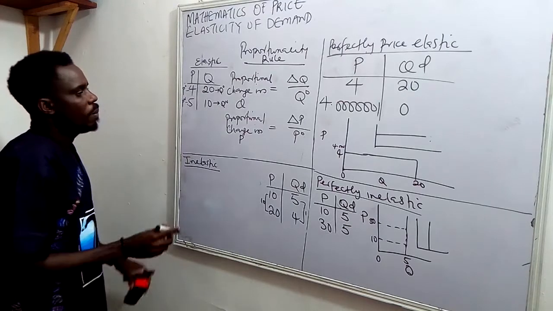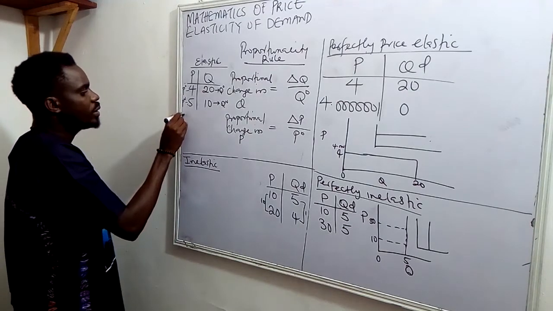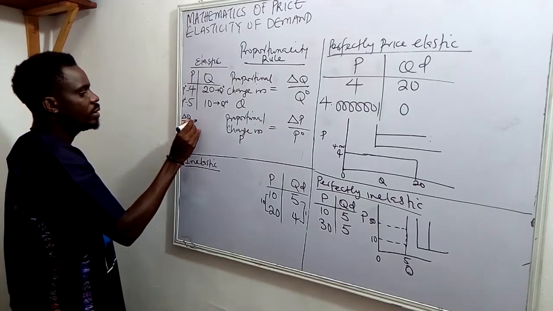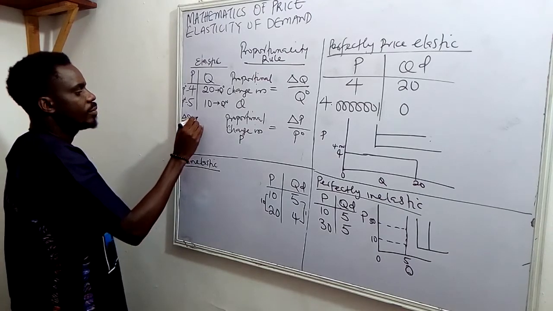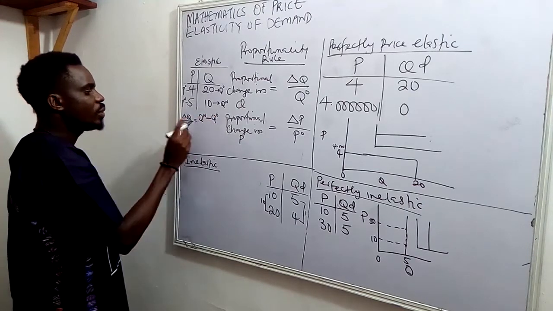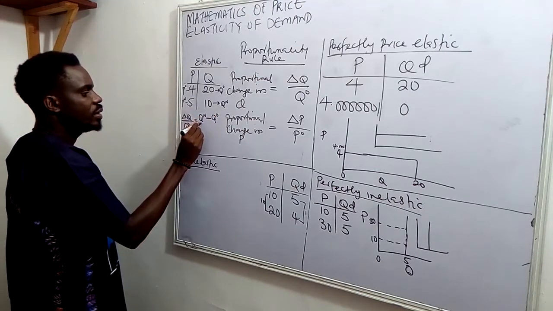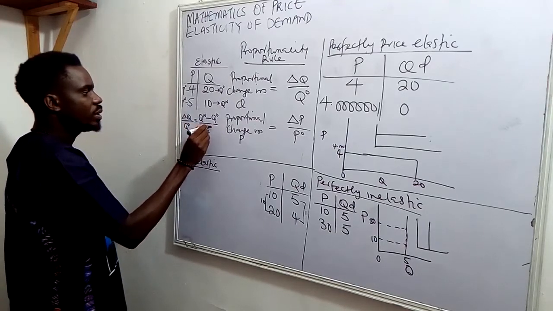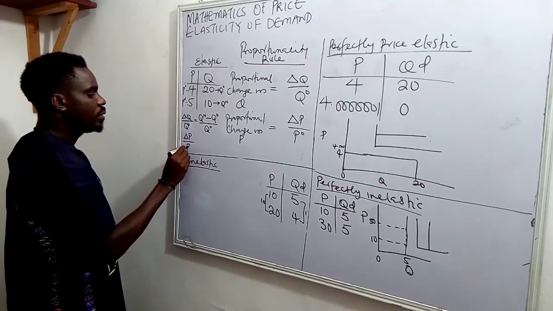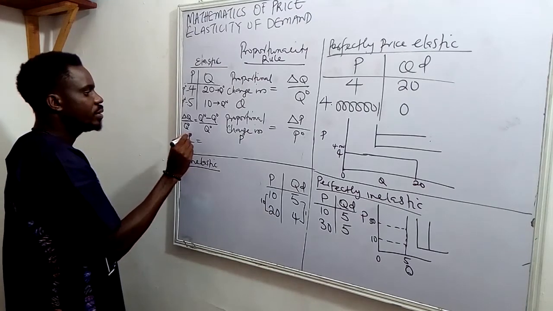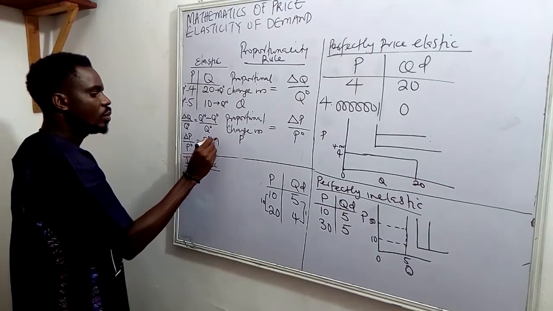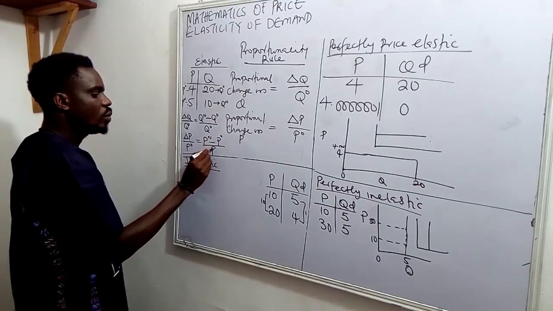Therefore, change in quantity divide original quantity is new quantity minus old quantity divide old quantity. Change in price divide original price is new price minus old price divide old price.